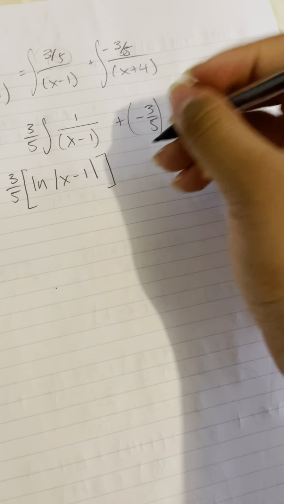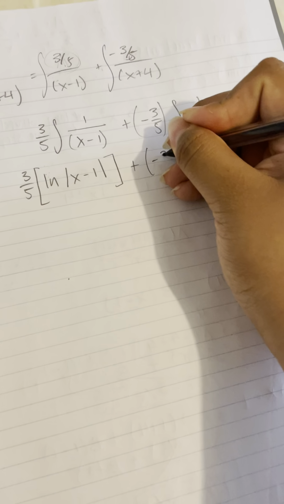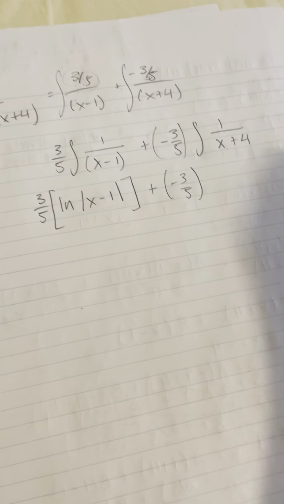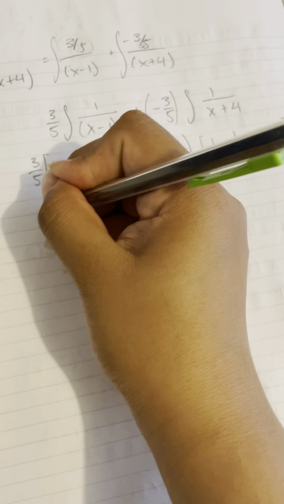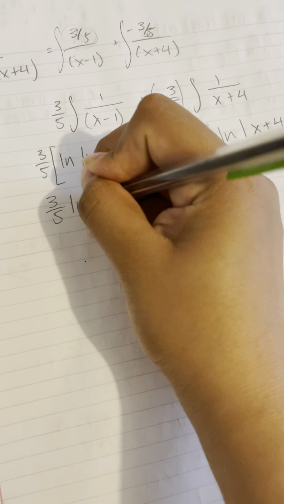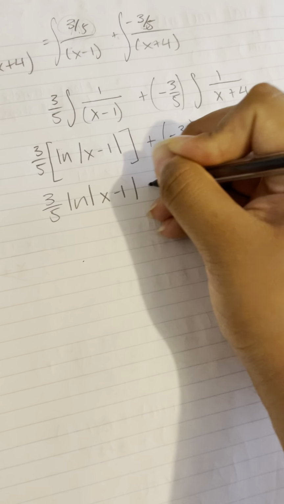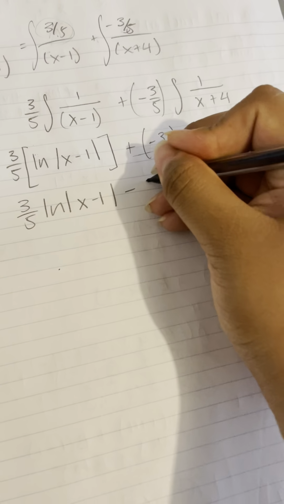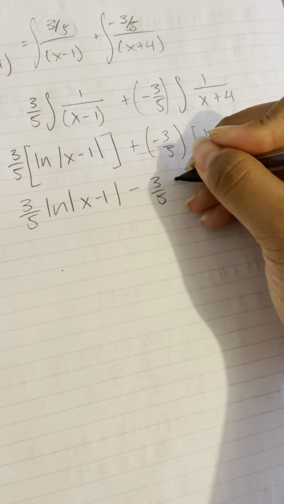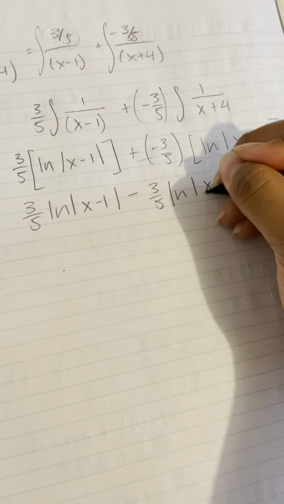Plus negative 3 over 5, because the constant is outside the integral, times ln of x plus 4. Same thing, the derivative of x is 1. So it's basically 3 over 5 ln of x minus 1 minus 3 over 5 ln of x plus 4.